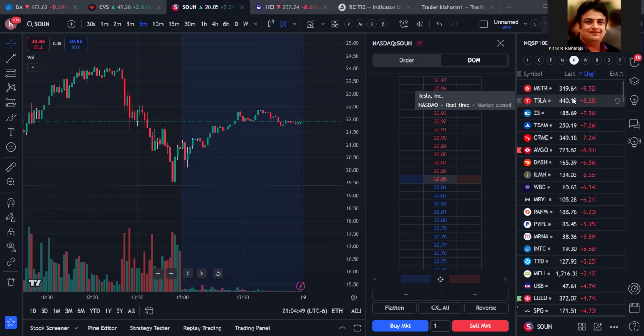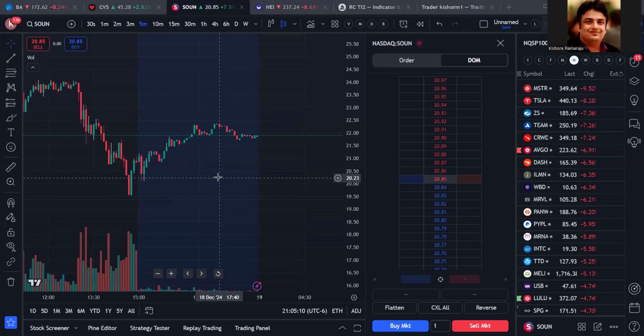So MSTR, Tesla, Zscaler, CrowdStrike, AVGO, all these are bullish tickers for tomorrow. We may see a nice move, minimum 3-4% move on all these tickers. PayPal, mRNA, PANW, whichever dropped huge with the FOMC meeting, because now all those are right.